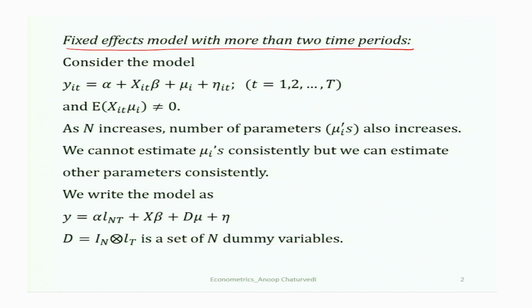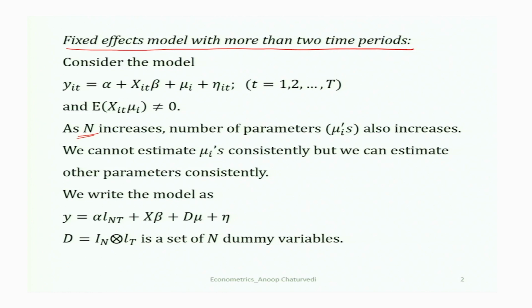Then, as n increases, the number of parameters, that is the mu_i's, also increases. Normally in panel data, you have a large number of cross sections, that is, n is large.